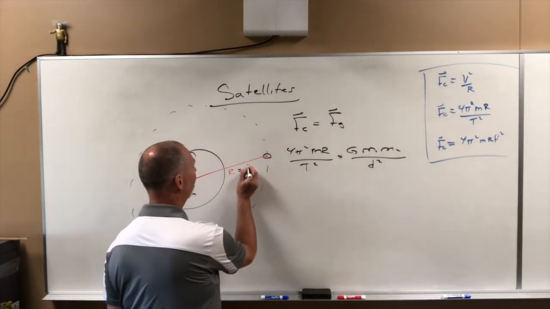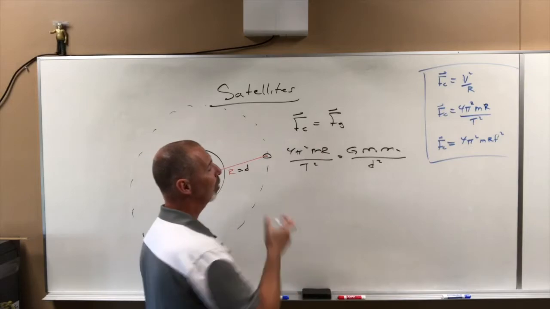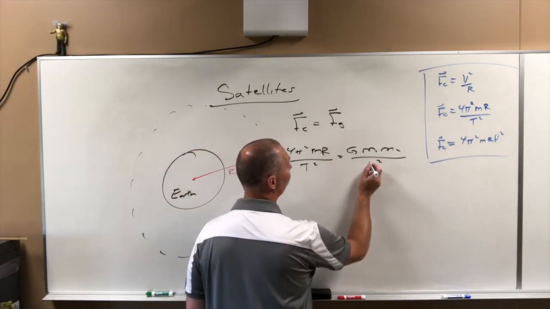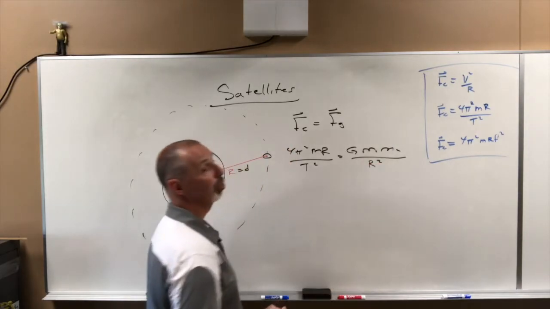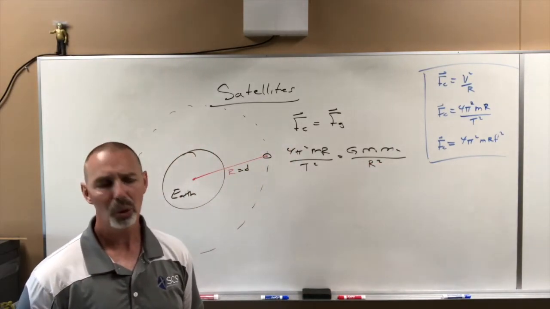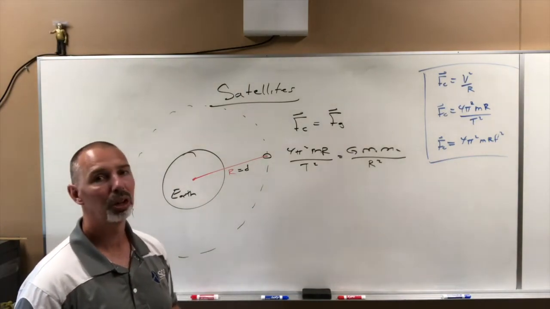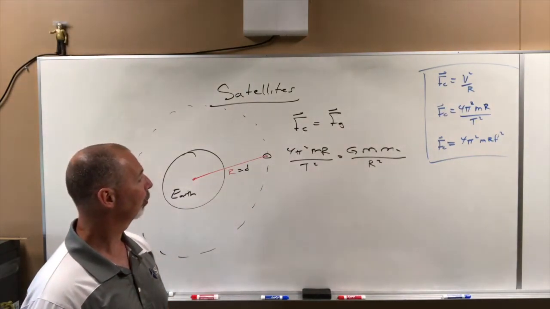So r equals d, which means that to make your life simpler, you're going to want to change the d to an r. And whether it's uppercase R or lowercase r doesn't matter. You'll see it both ways depending on which textbook I give you questions out of.